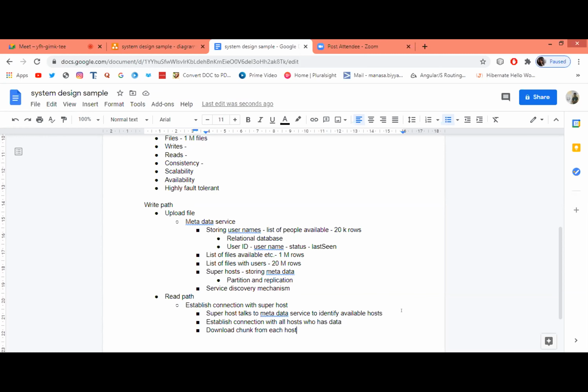Now, if I reach a superhost and it gives me a list of servers where that file is available, what will happen if those servers are down?